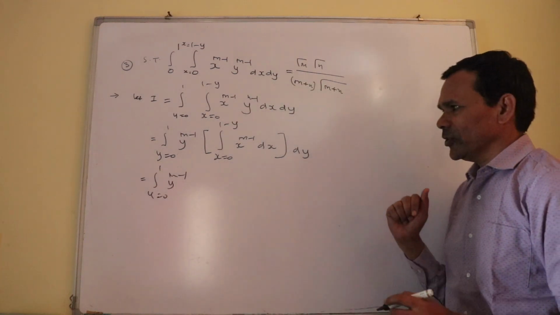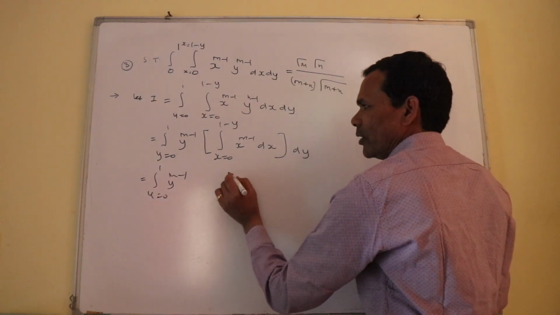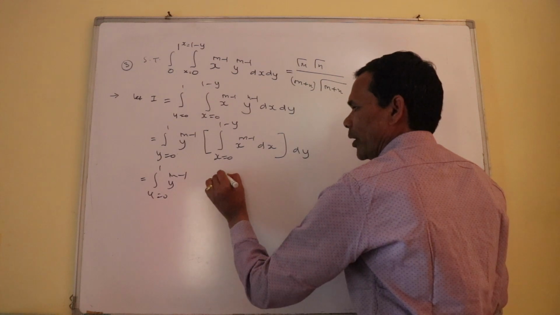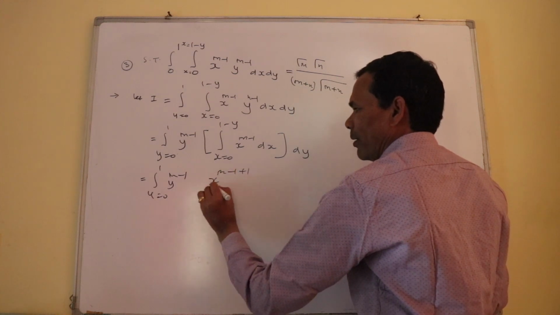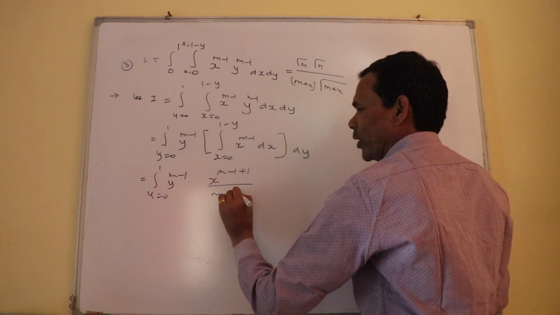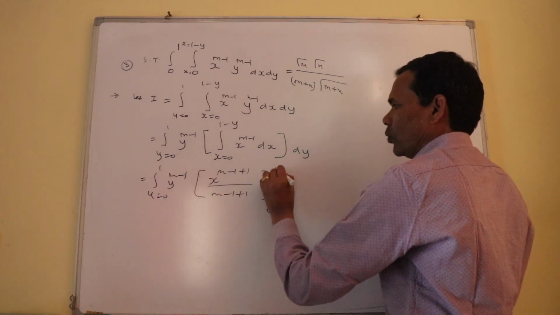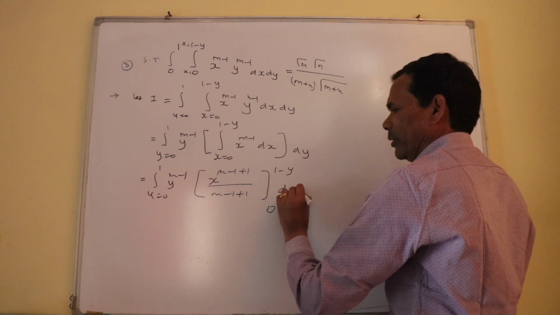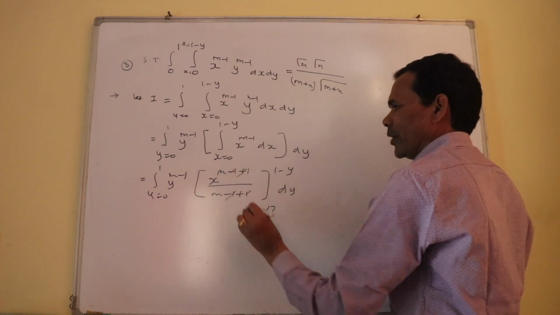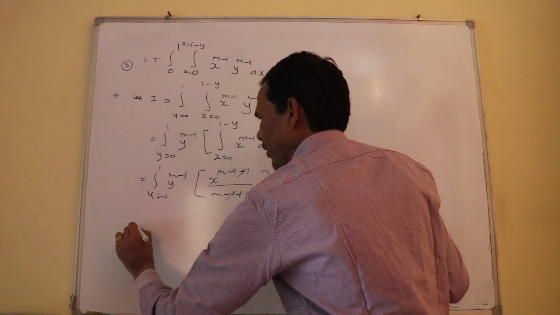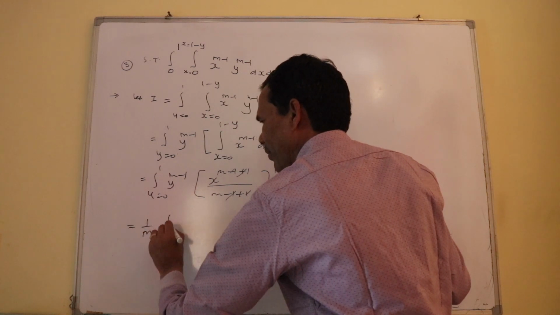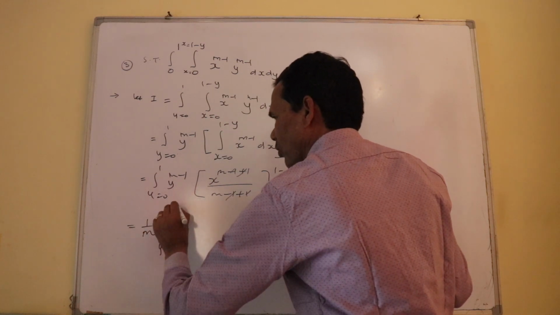Now the integration of this is x raised to m minus 1 plus 1 upon m minus 1 plus 1, and limits applied 0 to 1 minus y into dy. So the plus 1 minus 1 gets cancelled here. So you may be getting this as 1 upon m, I take it outside.